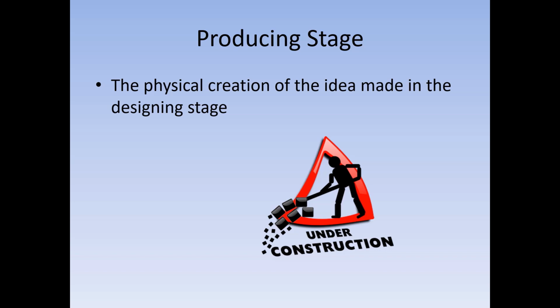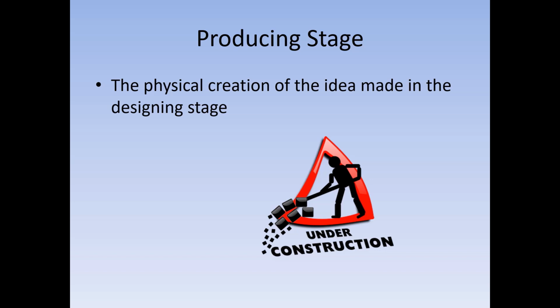In the producing stage, I'm going to tie my shoe. So I bend down and I tie my shoe. The producing stage is the physical creation of the idea that we thought of in the design stage. So in the producing stage, I bend down, tie my shoe. 1 loop, 2nd loop, put them together, over, under, through, bang, pull it tight.